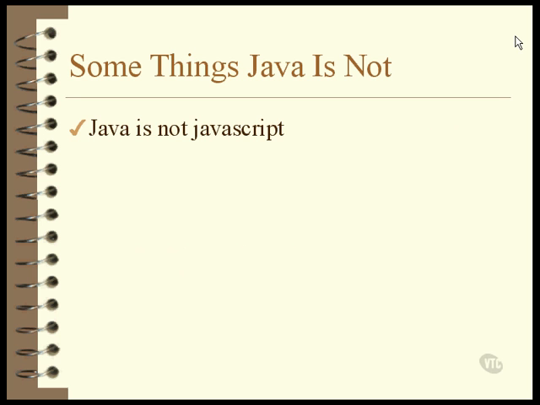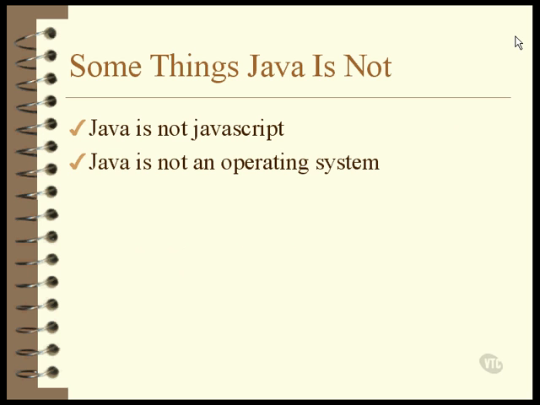Java is not JavaScript. These are two entirely different languages. JavaScript is an extension of HTML and can be included in an HTML web page to do things like prompt for input from the user and display graphics and such. While it is true that Java can also do this, the process for doing so is quite different.